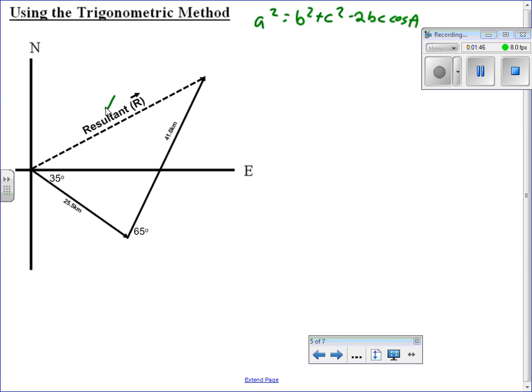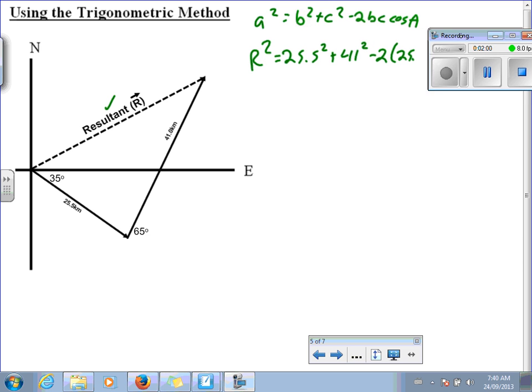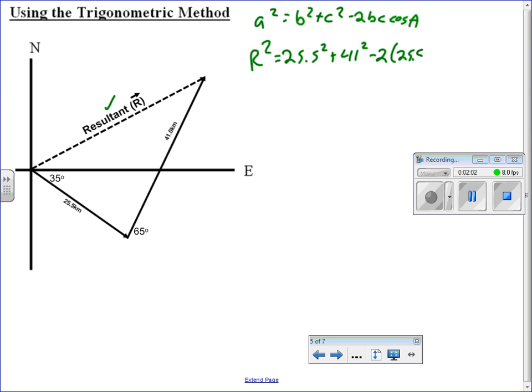So when we write this out, we're going to need r squared equals 25.5 squared plus 41 squared minus 2 times 25.5 times 41 times cosine of A, where A is this angle right here, because it's opposite the value we're trying to solve for.